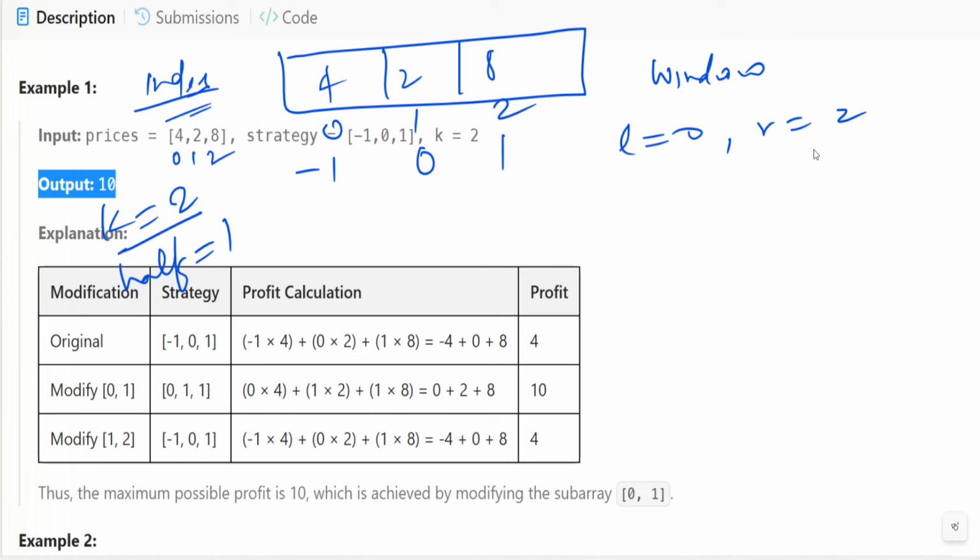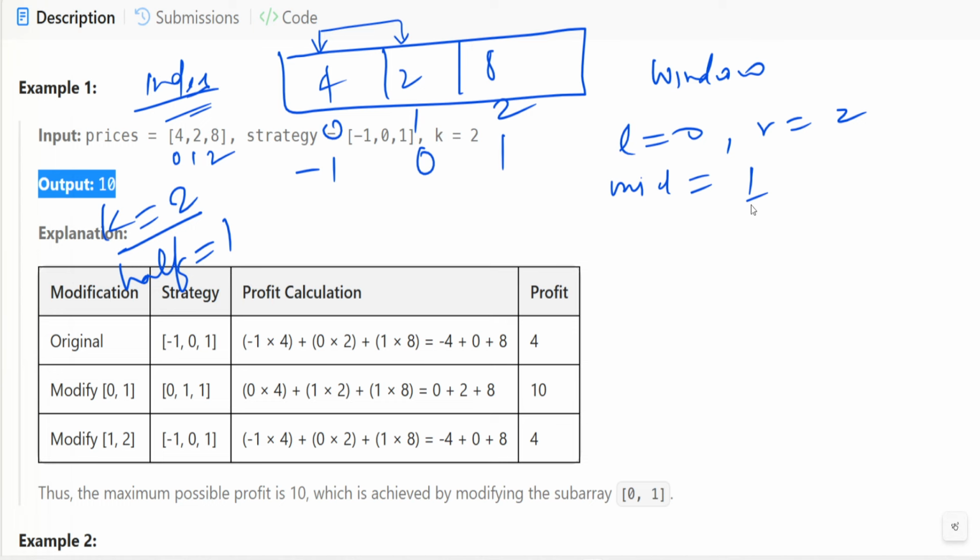So when l is at 4, r at 8, what is the mid? Mid is 1. Means we have to cover from 0 to 1. The current index is here and mid is coming here. Means we are talking about 0, 1, right?